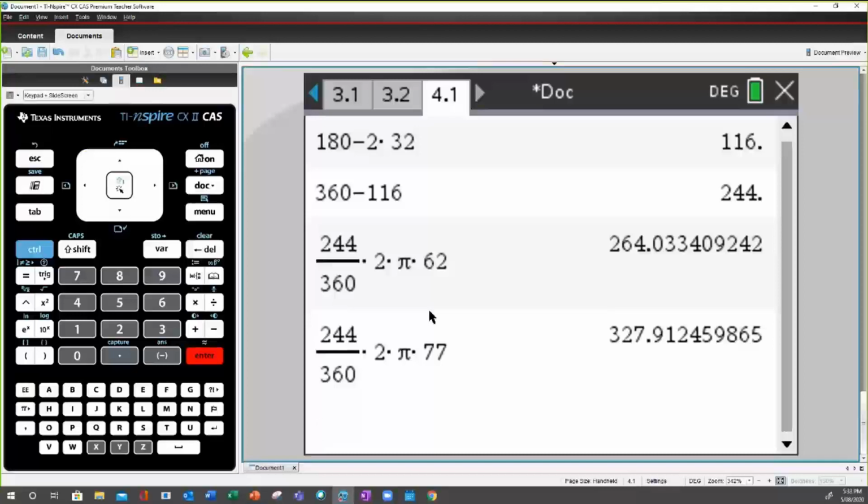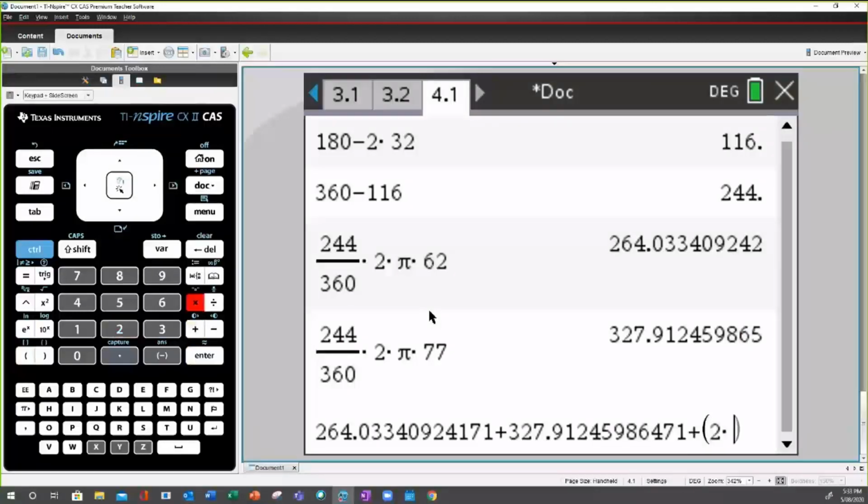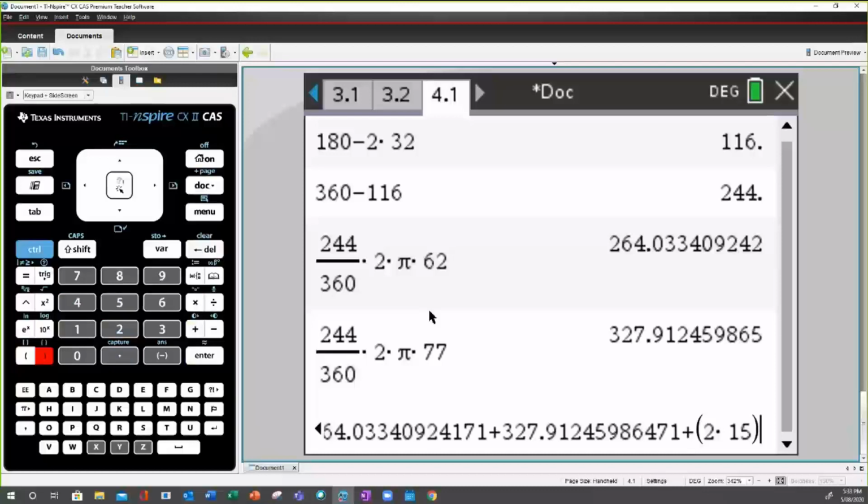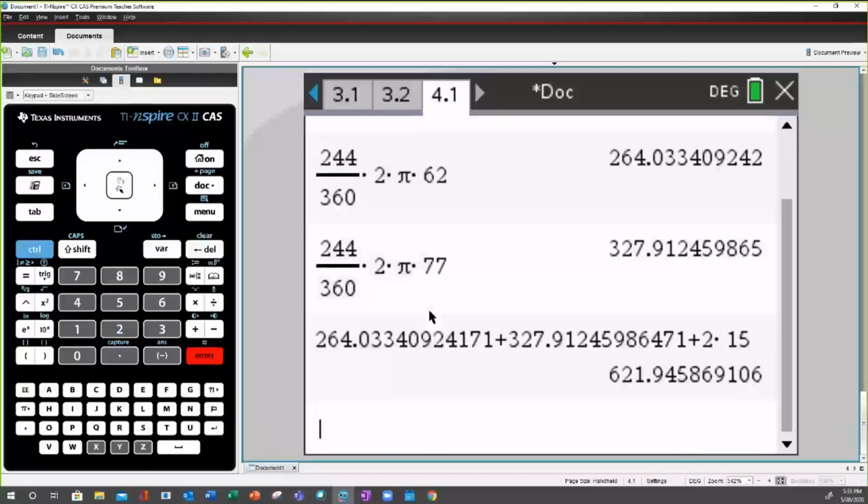So I'm going to arrow up again and add this to this, and remember we have to add the two lots of 15, which were those straight bits that closed off the track. So after adding everything, we get an answer of 621.95. Now, the precision of your answer depends on the question.